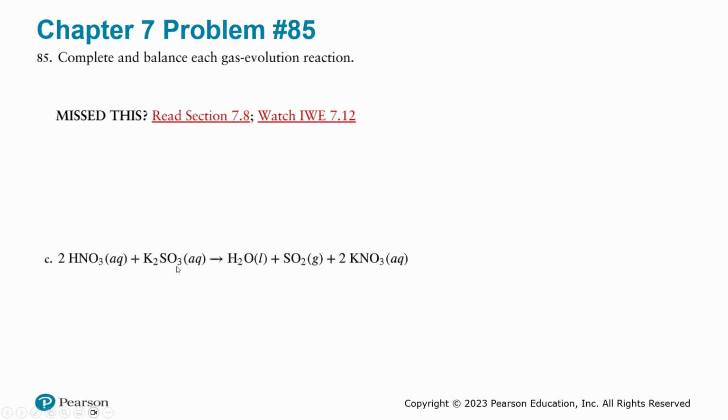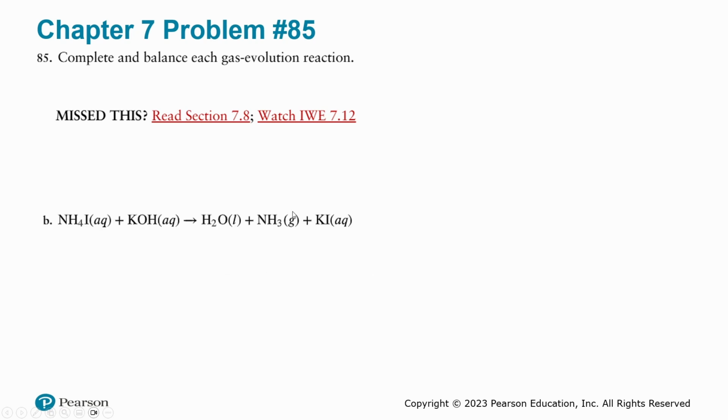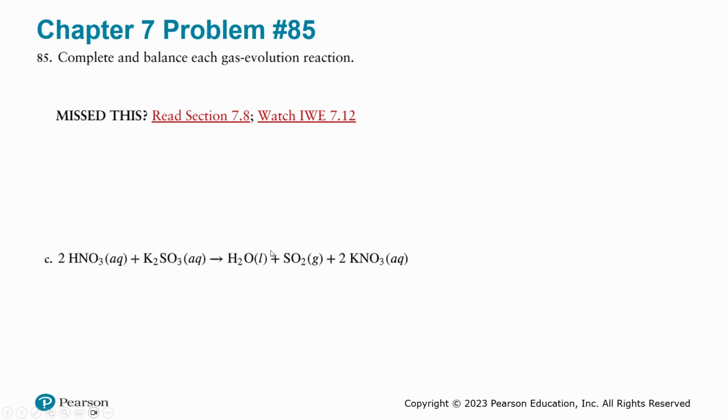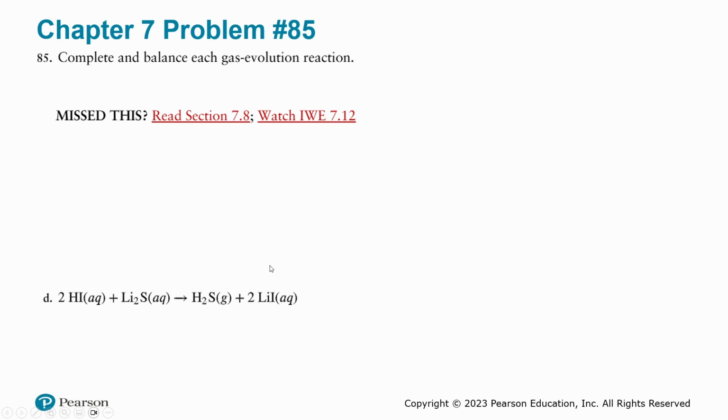This is the sulfite polyatomic, so sulfurous is the acidic naming. We have the flowcharts from that in chapter 5, so you don't really have to remember that, but just something to keep in mind. We have an acid, nitric acid, reacts with a base to give us water, a salt, but it also kicks off a gas like in the previous reaction. So we could define both of these as acid-base or neutralization reactions or gas evolution reactions.